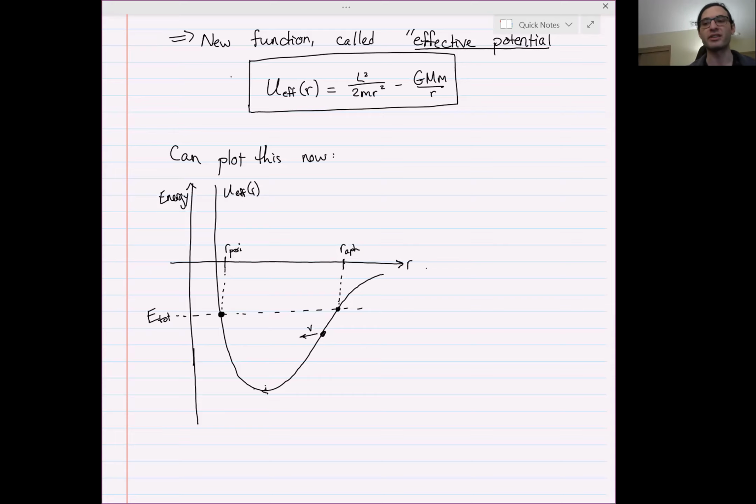So it makes sense that as your distance to the source of gravity decreases, the effective potential shoots up really fast. That's just because they're inversely related. You can see that this tangential term, L, is inversely related to the distance, for a fixed energy.